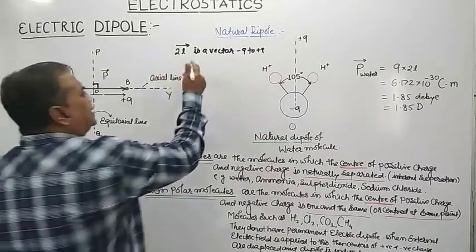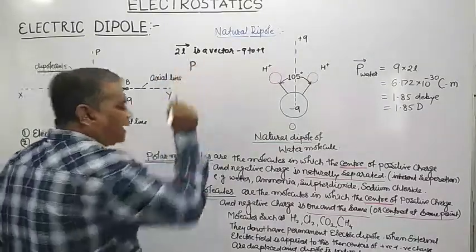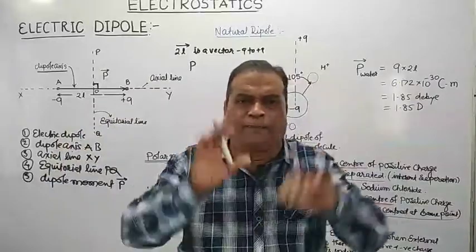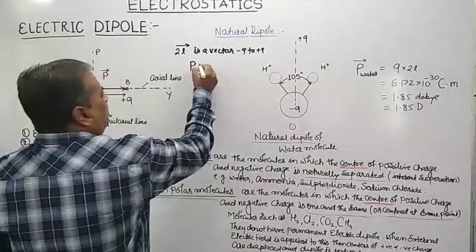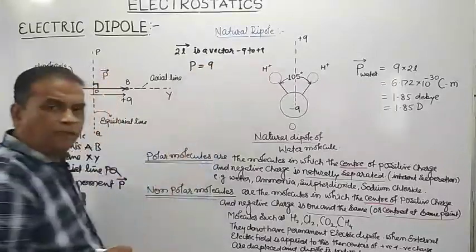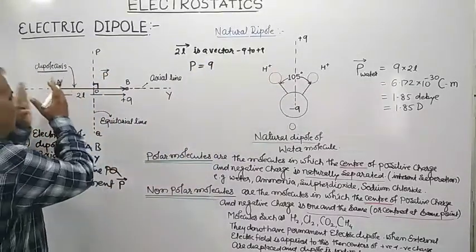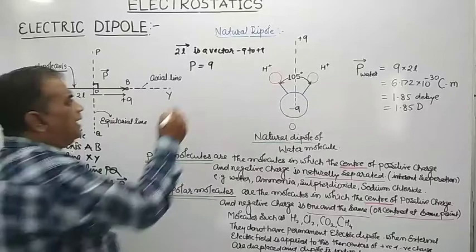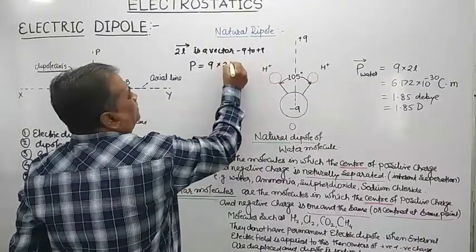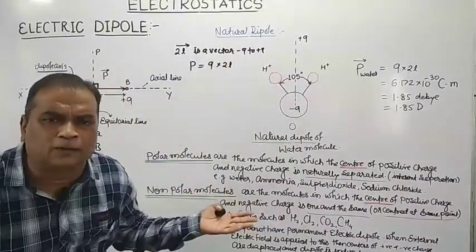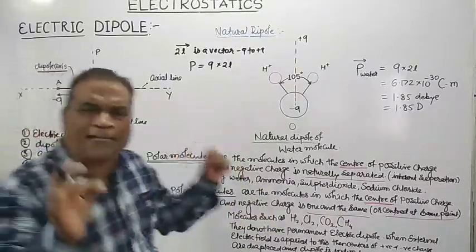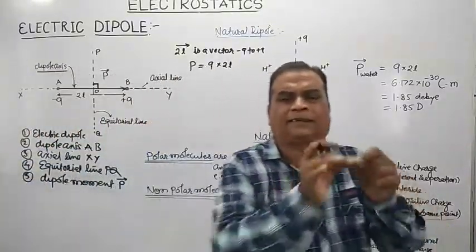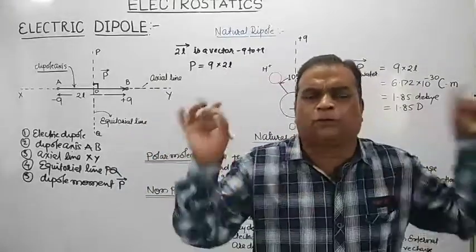The magnitude of the electric dipole moment is the product of the magnitude of one of the charges and the distance of separation between the two charges.